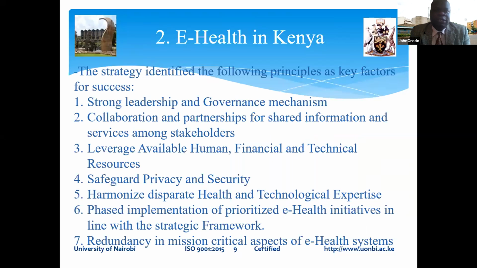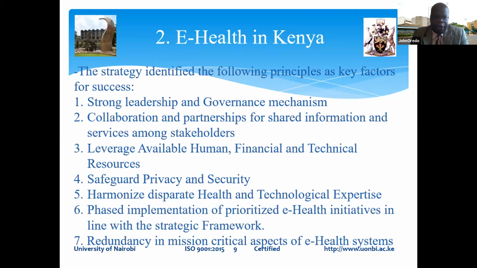The strategy identified a number of principles. One, strong leadership and governance mechanism. Yeah, for data and healthcare information to be shared, there must be good leadership, a governance mechanism to ensure that abuse or misuse of the data is not encountered. Collaboration and partnerships for shared information and services among stakeholders.